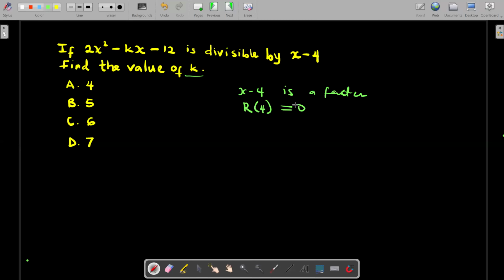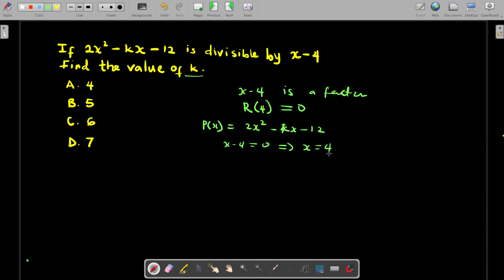That is, there won't be any remainder since it is divisible. So we could use that idea. We just pick the polynomial p of x. Let's say our polynomial p of x is 2x squared minus kx as given minus 12. Then we say x minus 4 equated to 0. Then this implies that we get x to be 4.